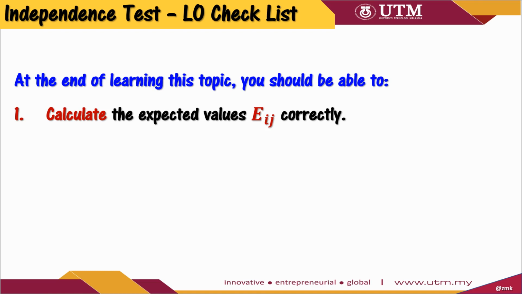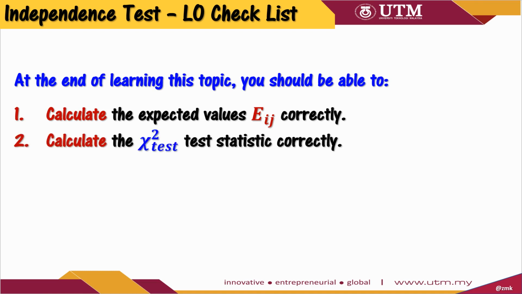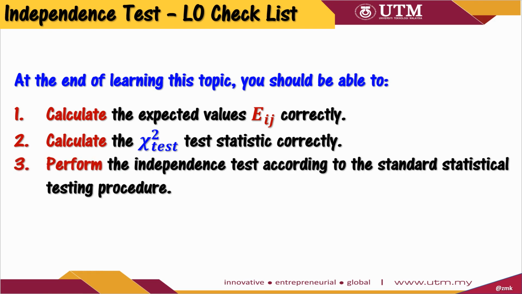You should also be able to calculate the chi-squared test statistic value using the correct chi-squared formula specific for independence tests, which is available in the statistical table booklet page 3. Finally, you should also be able to perform the independence test according to the standard statistical testing procedure, which includes the steps on H0, H1, rejection rule, decision, and conclusion.